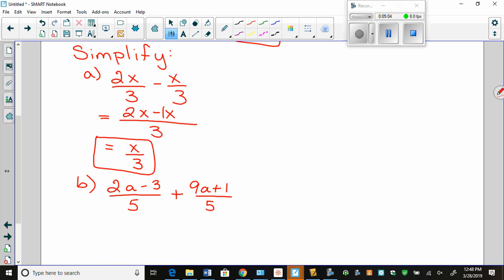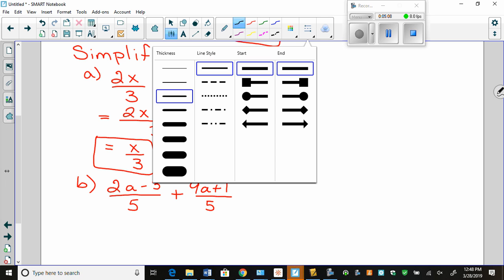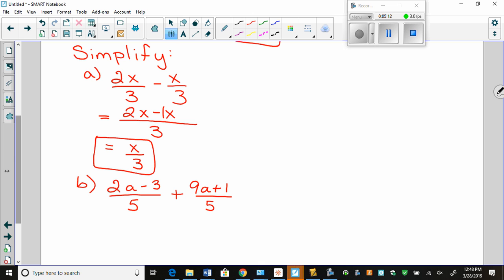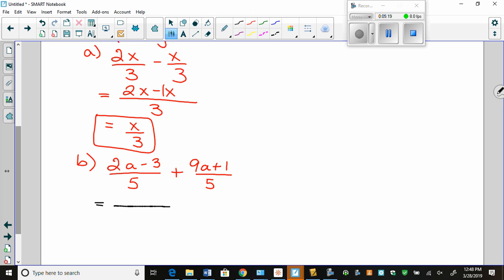So we can write the whole thing over 5. And then we're just going to go 2a minus 3 plus 9a plus 1. We agree?